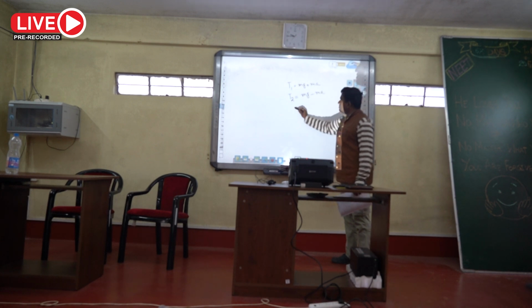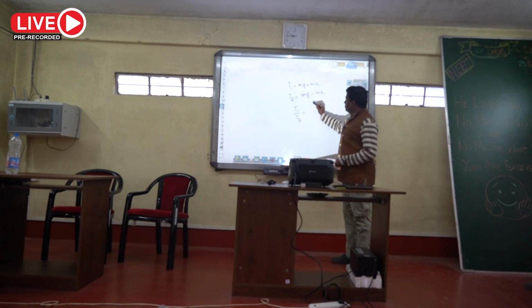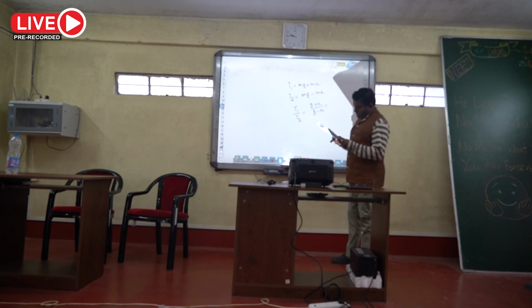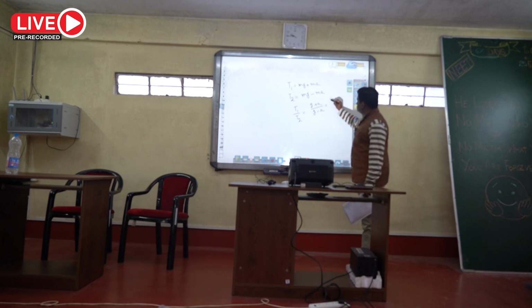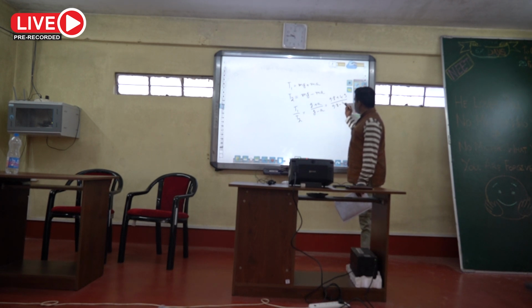So from that you can find the ratio of T1 and T2. M will cancel, it will be g plus a by g minus a. So g is given 9.8 and a is 4.9. So 9.8 plus 4.9 divided by 9.8 minus 4.9, that is 3:1.